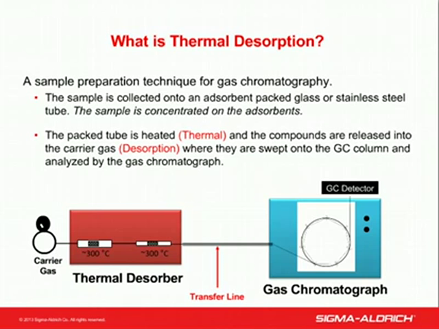There are a number of methods where thermal desorption is used today, such as EPA TO1, TO17, NIOSH 2549, ASTM D7339, and D6196. The Health and Safety Executive out of the UK has MDHS 80, and these are just a few examples where thermal desorption is used.